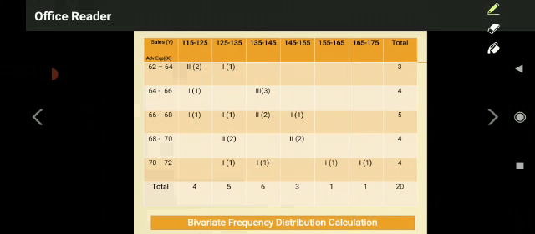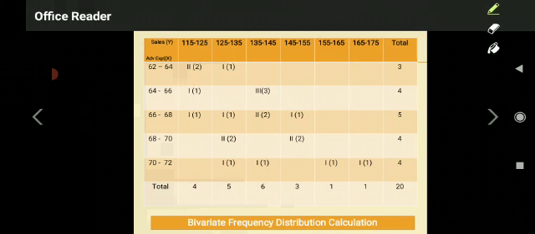Look at the slide over here, 62 to 64, which is given in the question paper, which is given in that problem in the beginning. Okay, 62 to 64, and the last class interval is 70 to 72. So like this, on vertical angle you have to prepare your own class interval of advertisement expenditure.